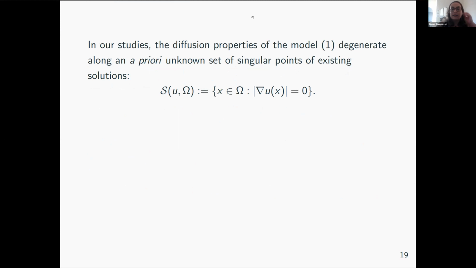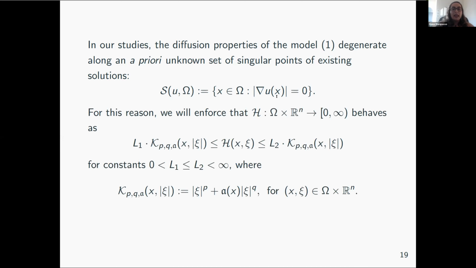In our studies, the diffusion properties of the model degenerate along an a priori unknown set of singular points, which means the points where the gradient of u is 0. For this reason, we will enforce that H behaves like this, for L1 and L2 positive and bounded, and kappa behaves like this.